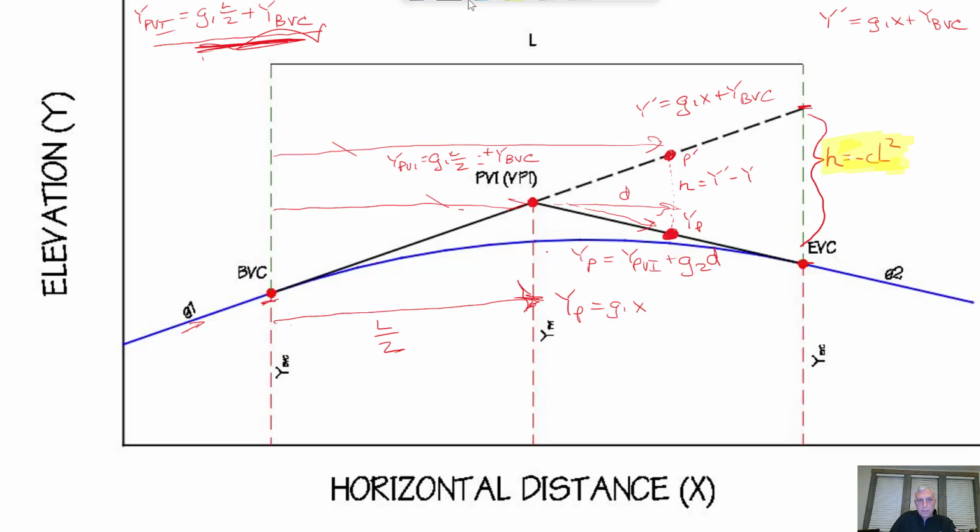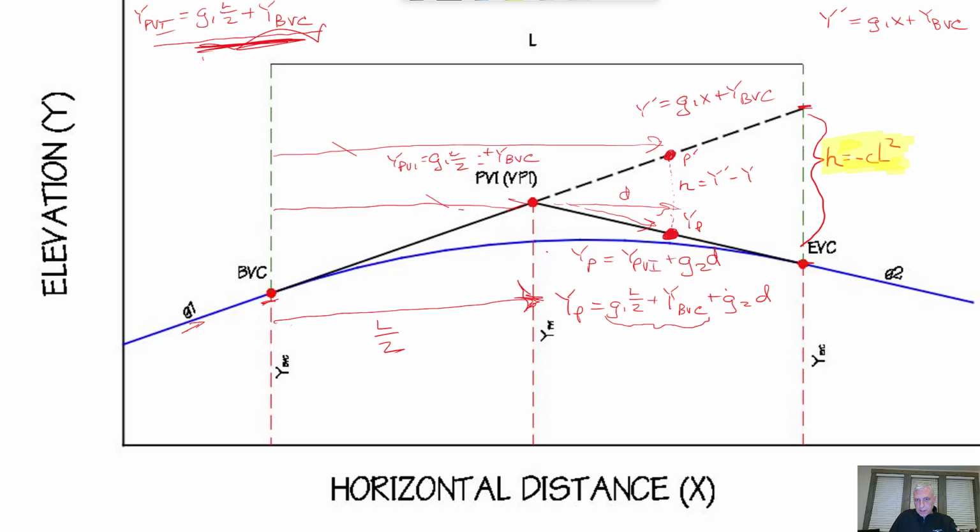G1 x, or sorry, we gave x a new name, G1 L over 2 plus y BVC plus G2 D. So, don't get too confused.